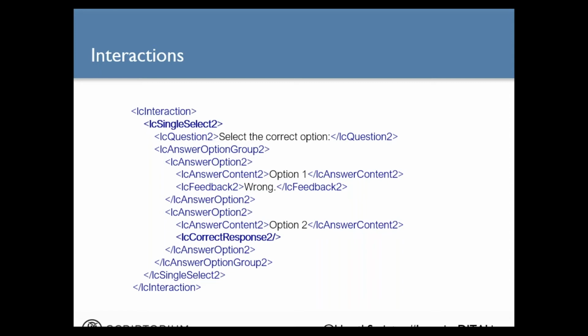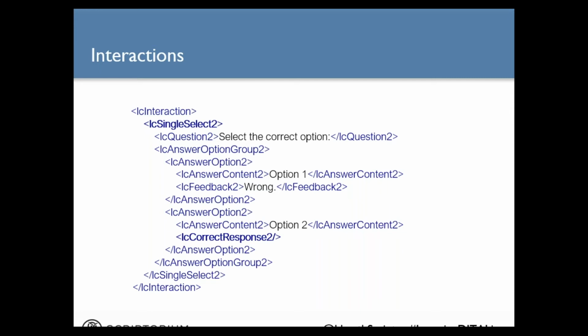So first we have our answer option group, and then within that, our first answer option, which you'll notice has more than just one element inside of it. First, you're seeing the thing that students are going to see as their answer option, option 1, that's our answer content. But then aside from that, you can see that we have LC feedback.